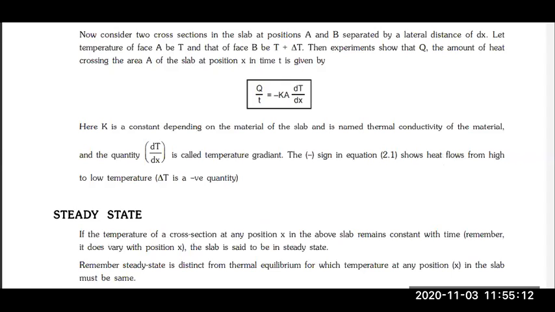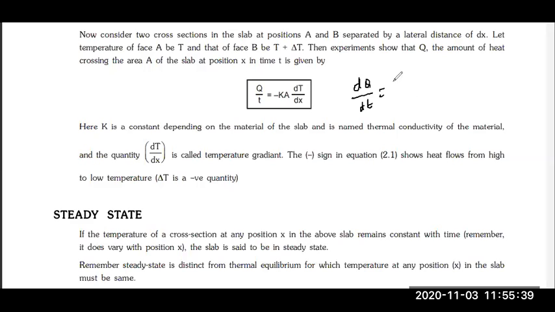Okay. Now, think about it. When you talk about thermal resistance, let's see. This is the formula that we already have, which is Q by T, or in terms of instantaneous heat current, it is dQ by dt or dH by dt, right? Now, the minus is again the direction, because temperature is changing, so delta T is negative. That's why we have a minus sign.